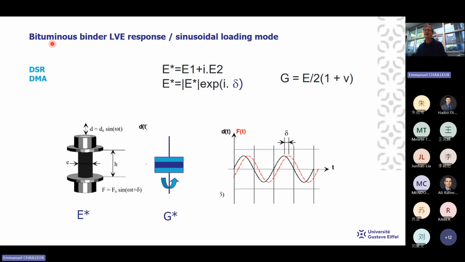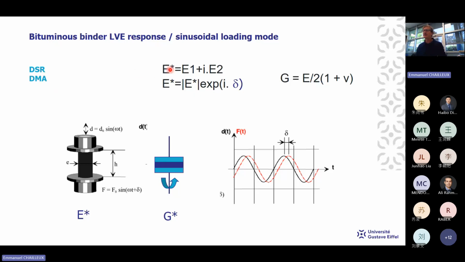The dynamic shear rheometer, which uses mainly shear mode of loading with a plate-plate geometry. But we can also use dynamic mechanical analysis, which we use a lot in my lab, where we can apply shear mode of loading, but also tension-compression mode of loading, which can be very useful in the very low temperature domain, for example.